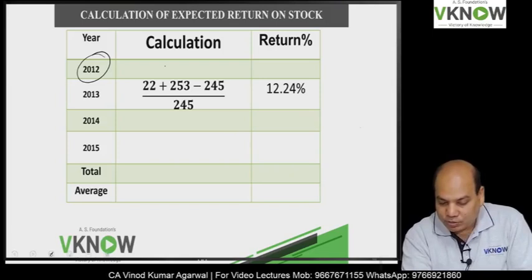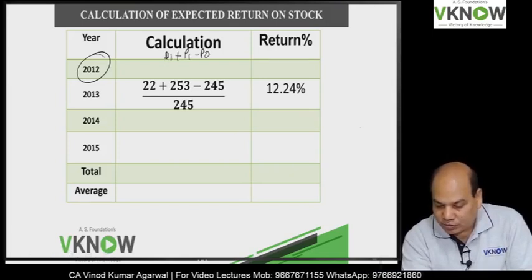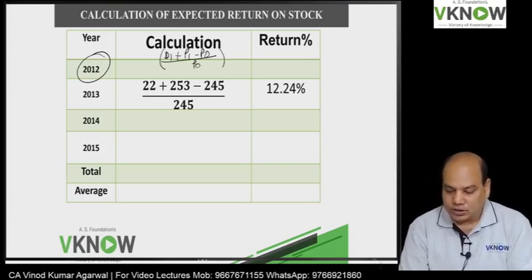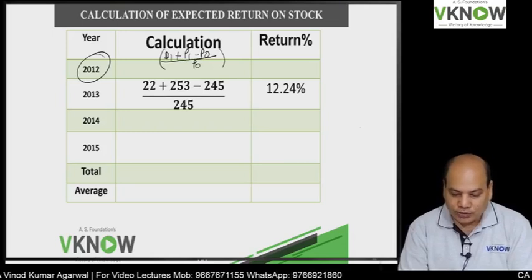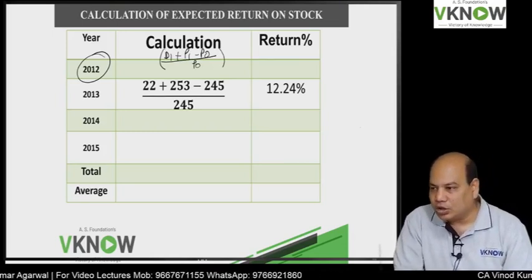I will use this formula D1 plus P1 minus P0 divided by P0 to calculate the return of the respective year. 2012 we are not calculating because opening balances are not available.